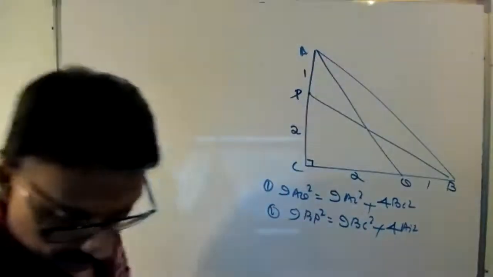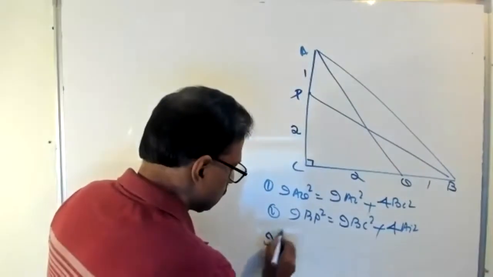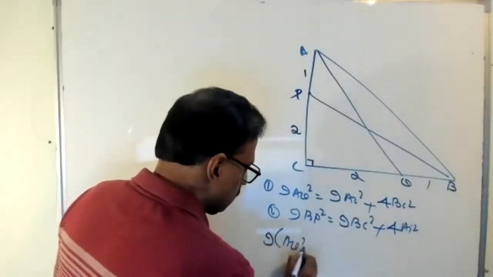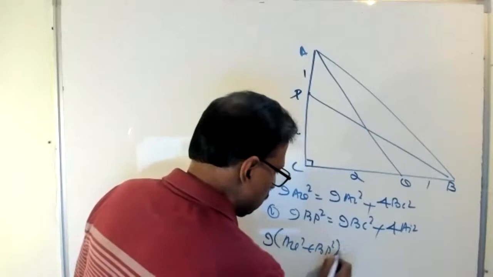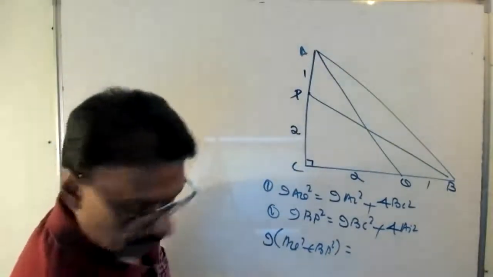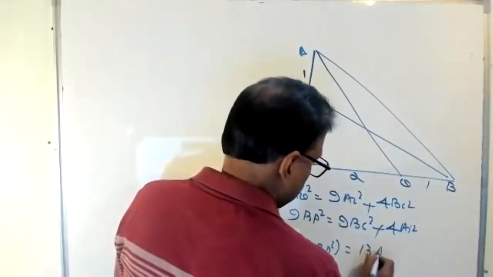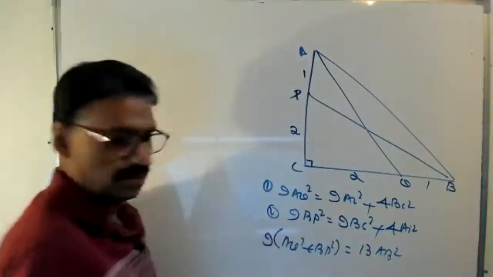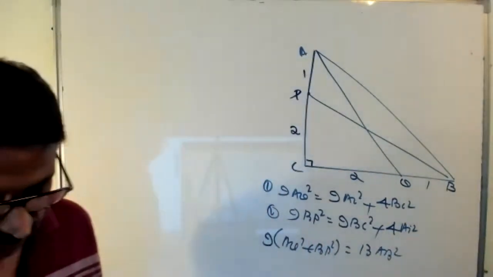Then 9 times AQ square plus BP square equal to 13AB square. I'll read the question again.